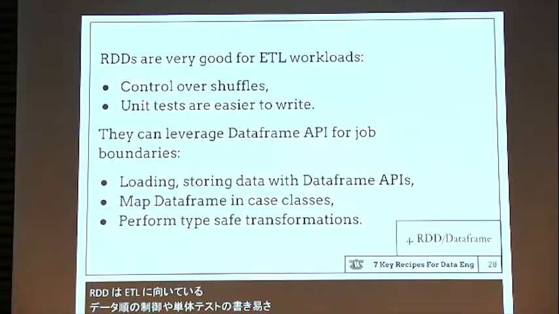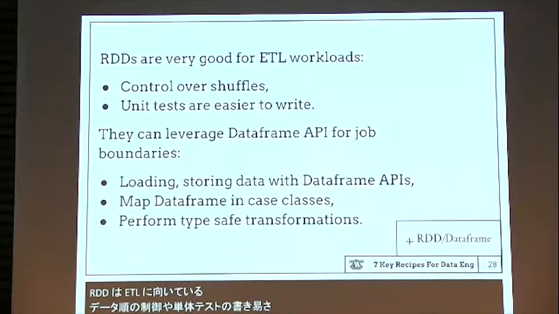So they are very good for large ETL workloads. And the thing with ETL workloads is usually you write as much data as you read. So you do a data enrichment and transformation. And with the RDD, you have control over the shuffles. So you have very efficient ETL workloads, and the unit tests are easier to write.